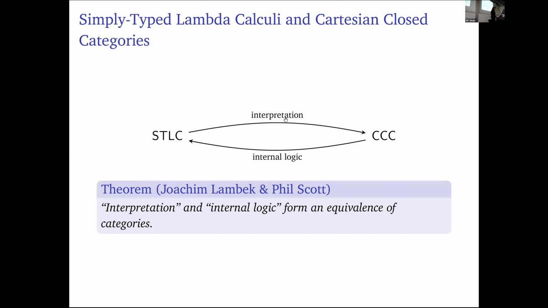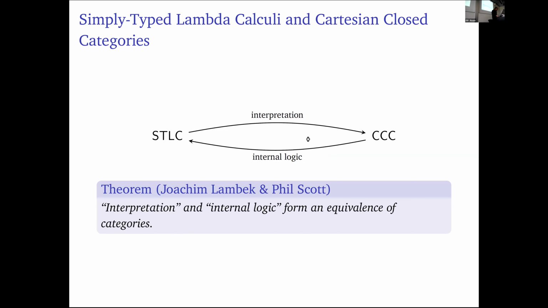There are functors back and forth, an interpretation functor and an internal logic functor. It is one of the great insights of theoretical computer science that interpretation and internal logic form an equivalence of categories. That's a very famous result.